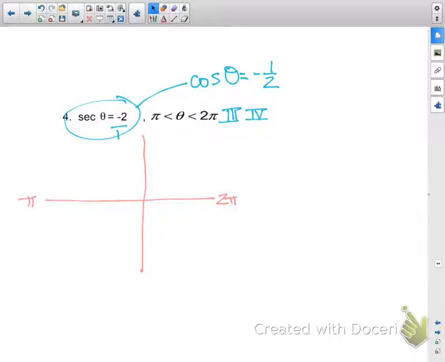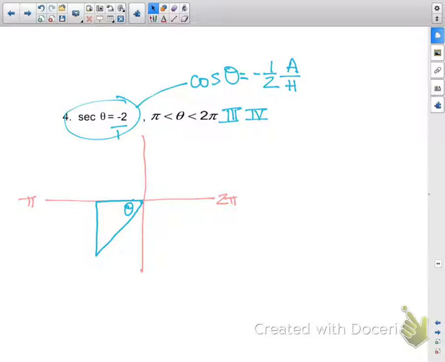If cosine is negative, cosine is adjacent over hypotenuse. If the adjacent has to be negative, which quadrant are we in? 3. I was looking at the wrong one on that one. Yeah. So if the adjacent has to be negative, you have to be in quadrant 3. Again, this is one of those where if you mess up the drawing, I'm going to take points off for that, but not kill you on the whole thing.